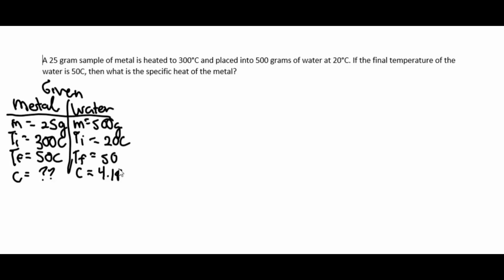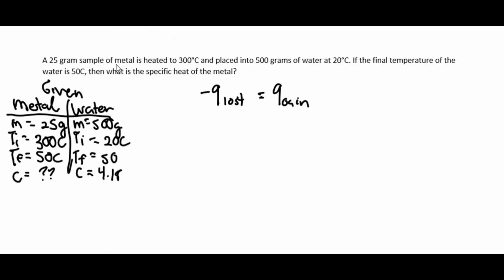So let's set up the equation. We know that Q loss equals Q gain. Remember the second law of thermodynamics, that heat flows from hot to cold. Which one is hotter, the metal or the water?